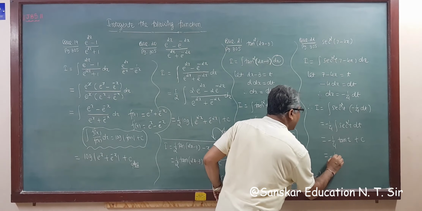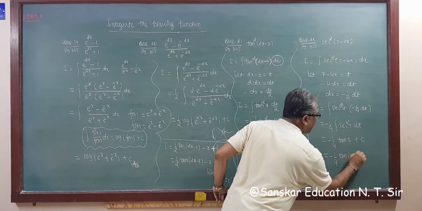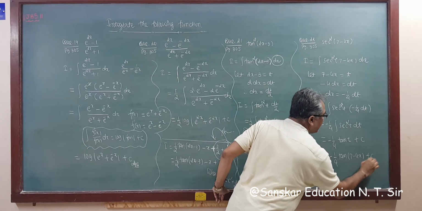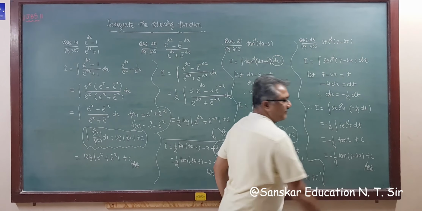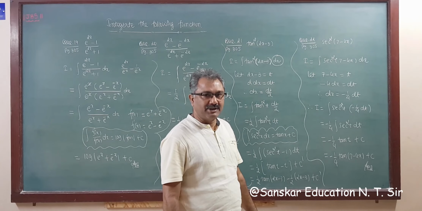So this is minus 1 upon 4 tan of 7 minus 4x, plus c. This is your answer. Got it? So you have to integrate like this. Got it? Good.